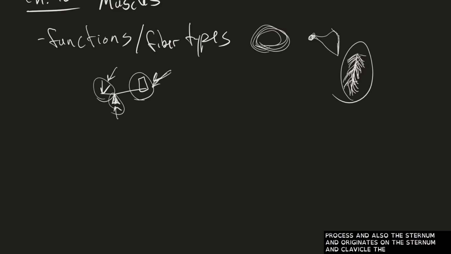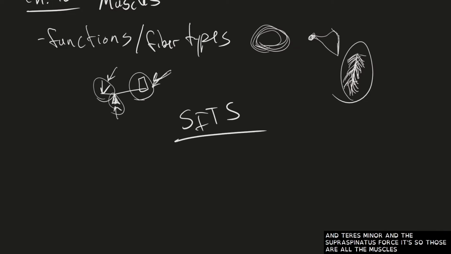The SITS muscles, I'll go over those when I go over the 3D Organon, but know what the SITS muscles are: the subscapularis, the infraspinatus, the teres minor, and the supraspinatus. Those are all the muscles of your shoulder joint.